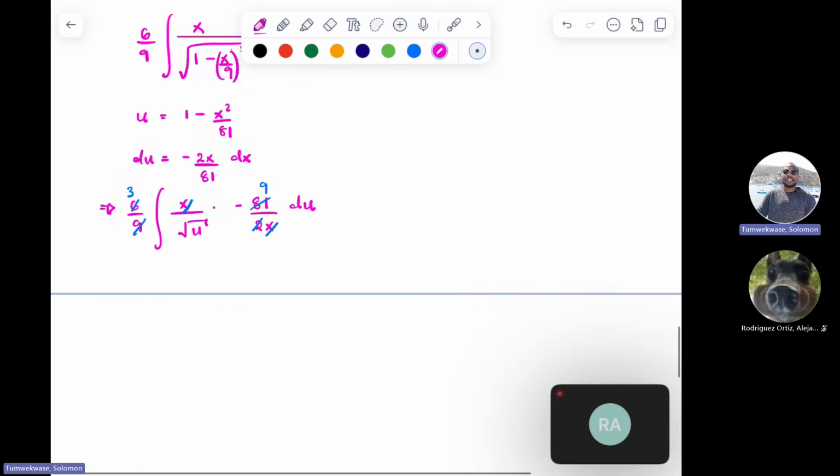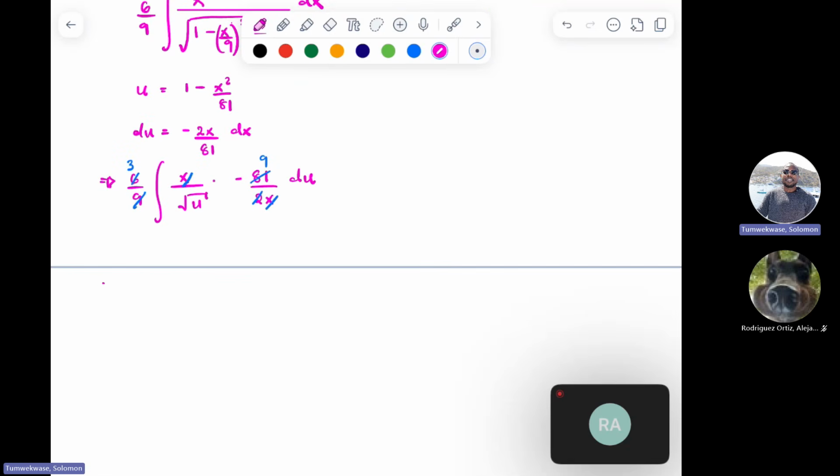So this is 9 times 3, that's 27, but there is a negative, so this is negative 27 integral of u to the power negative half du. Remember, this is 1 over square root of u.